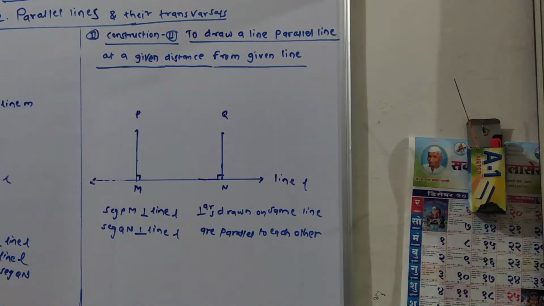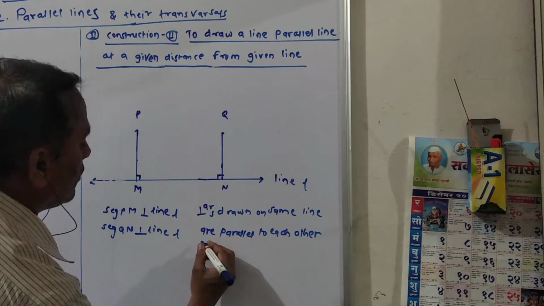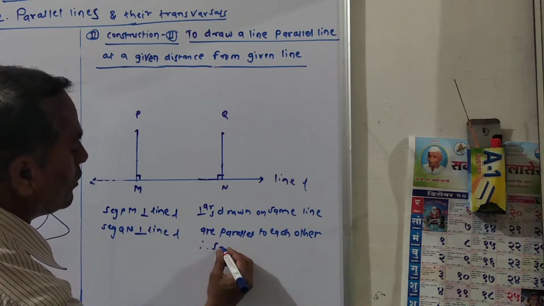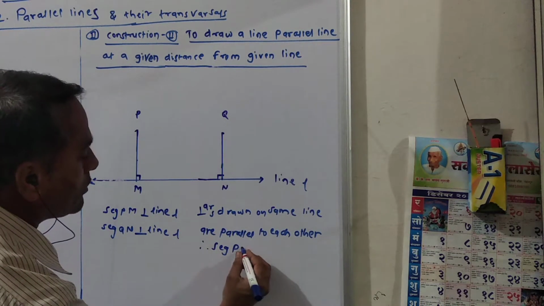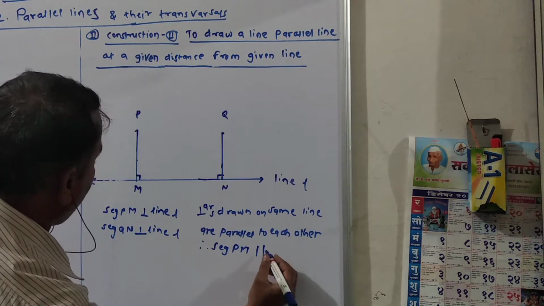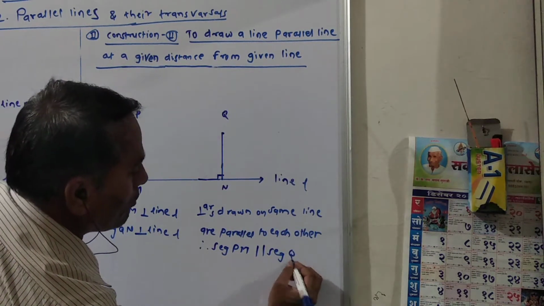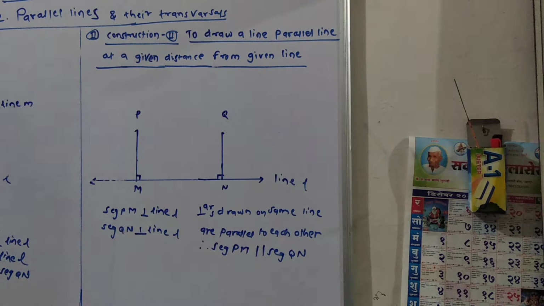These two segments are perpendicular on the same line, hence these two segments are parallel to each other. Hence we say segment PM is parallel to segment QN. This is the property of two perpendiculars on a single line.